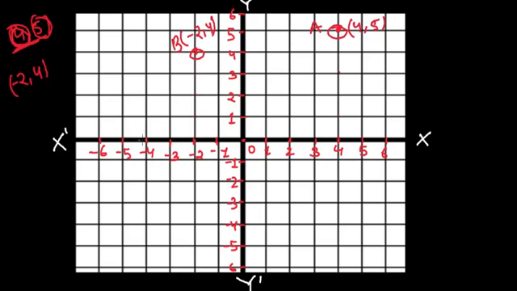Let me take another one, that's minus 3, minus 5. So along the x-axis this is negative 3 and along the y-axis also it is negative 5. So 1 2 3, minus 3, and again minus 5, 1 2 3 4 5. So this is the position of minus 3, minus 5.